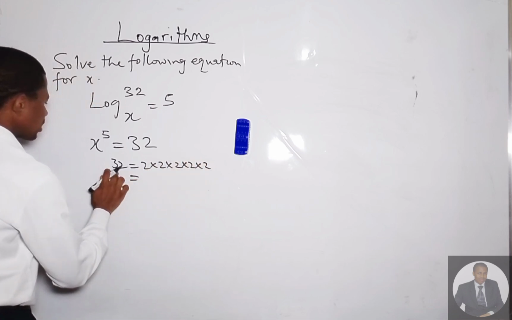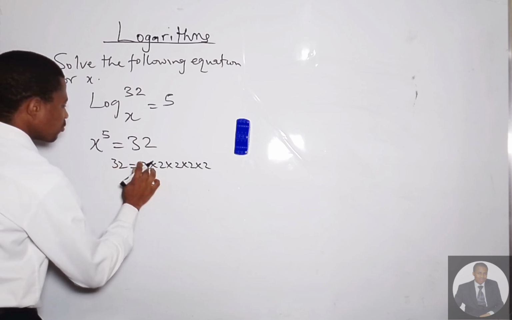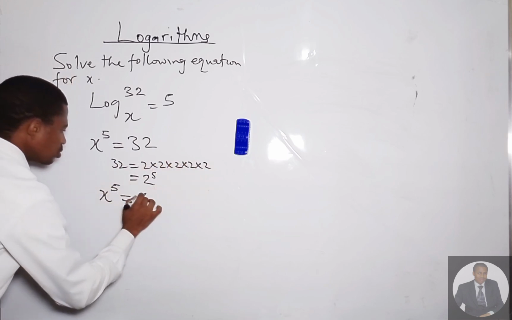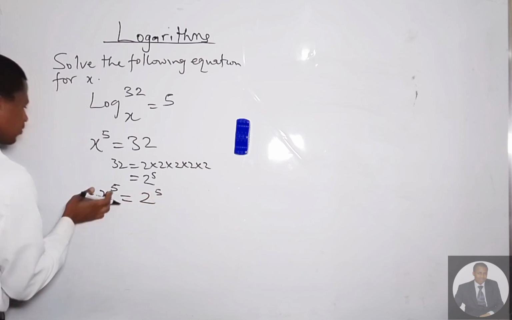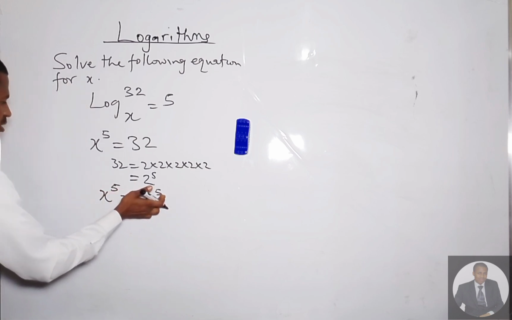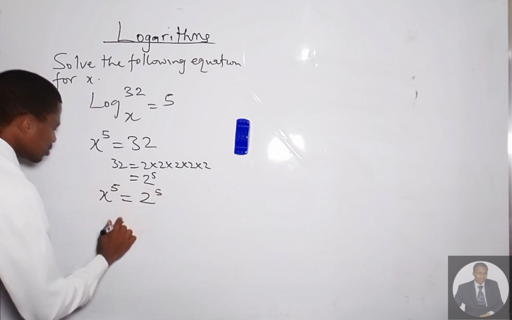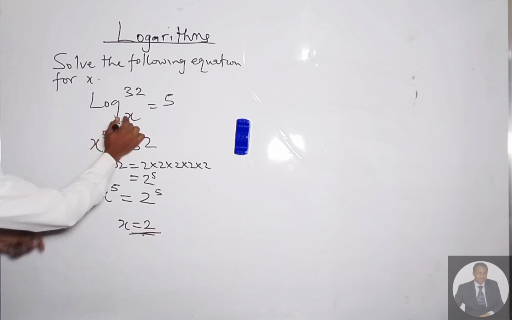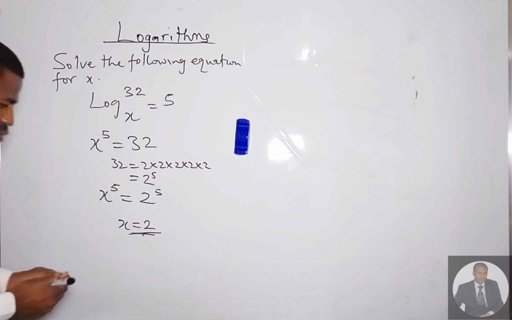So 32 is the same as 2 to the power of 5. So x to the power of 5 equals 2 to the power of 5. If the exponent is the same, then the base is also the same. So x equals 2.